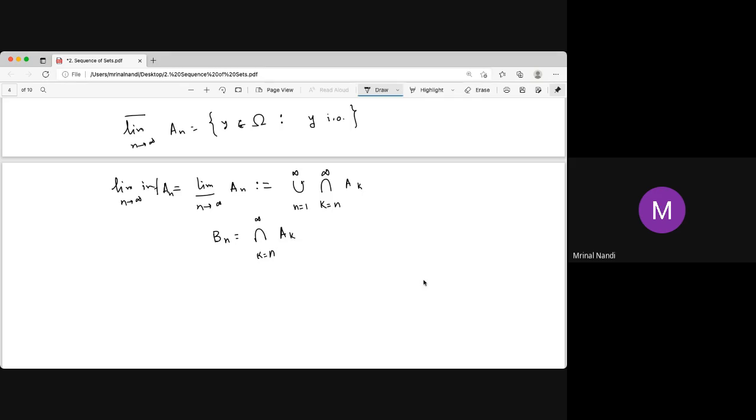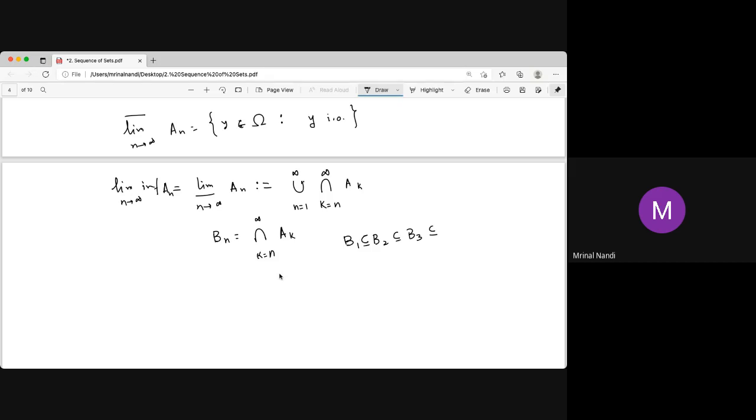Now B_n is an increasing sequence. Clearly, it is an increasing sequence. Why? For B_1 you are taking the intersection over all A_i, then for B_2 the intersection starts from A_2. Obviously, A_1 intersection A_2 intersection A_3 and so on is a subset of A_2 intersection A_3 and so on.